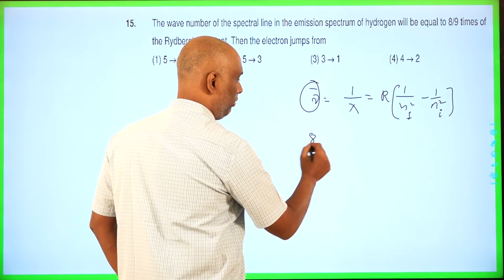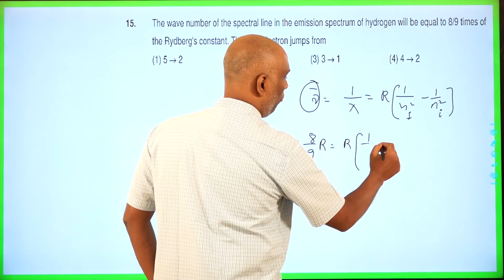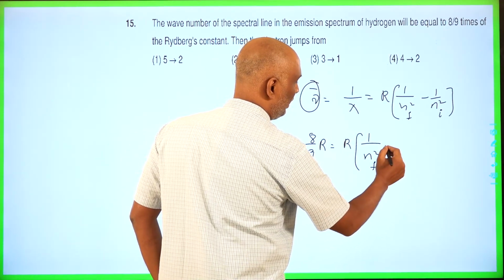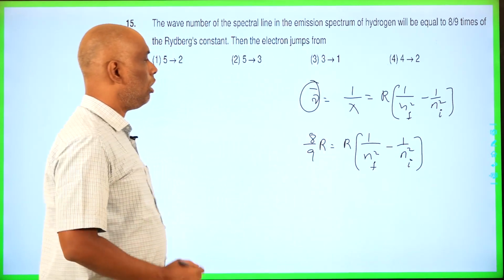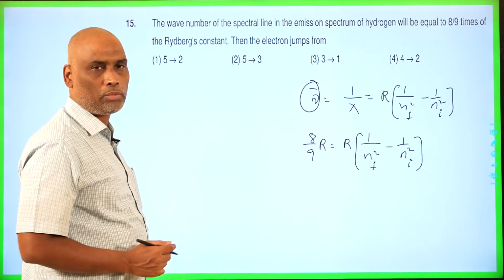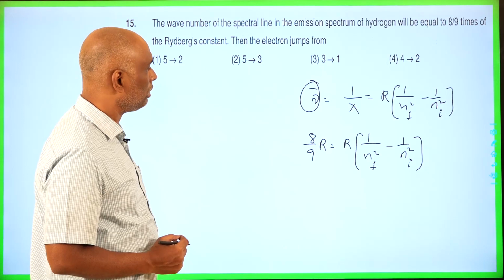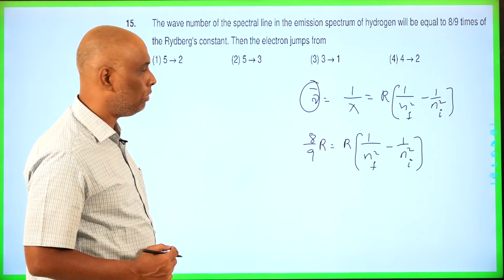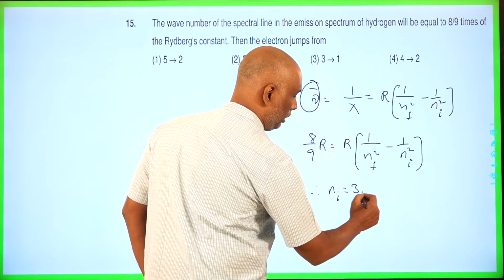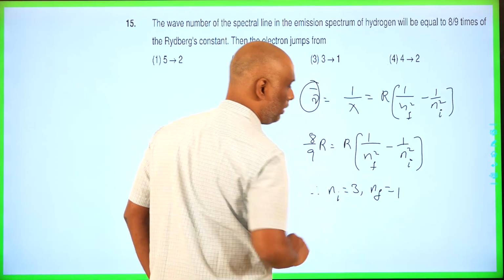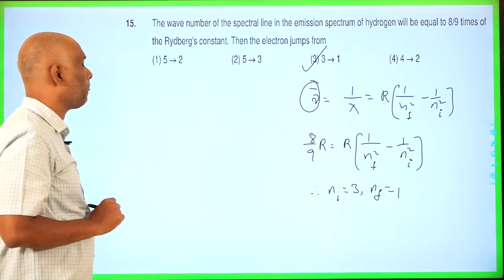So 8 divided by 9 times R equals R into 1 divided by the final state square minus 1 divided by the initial state square. We can verify from the options. It matches when the initial state is 3 and the final state is 1. So the transition should be from 3 to 1.